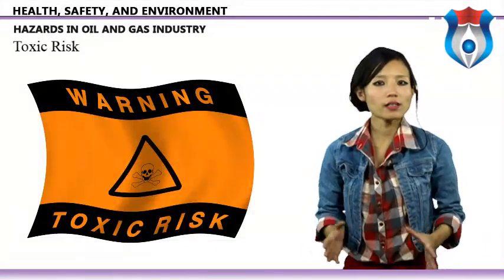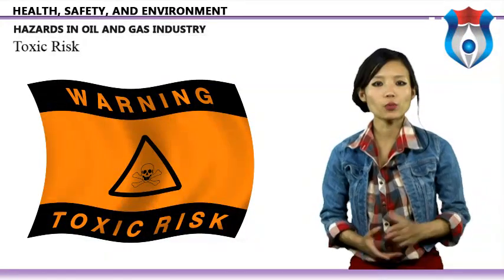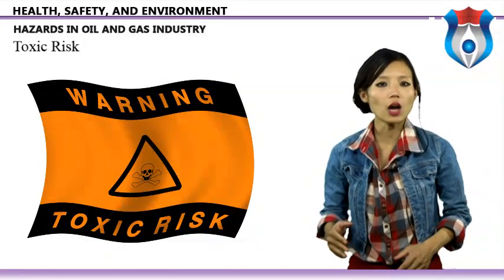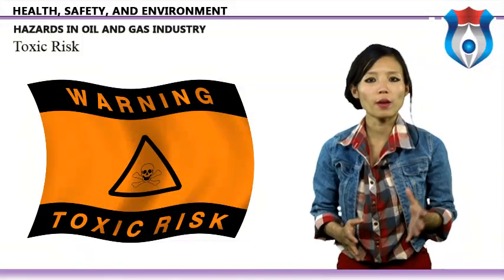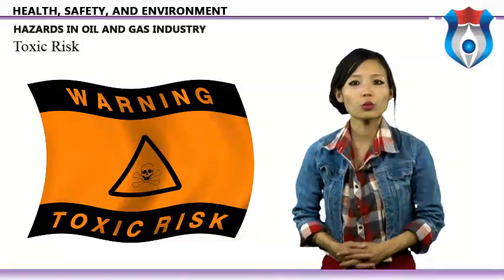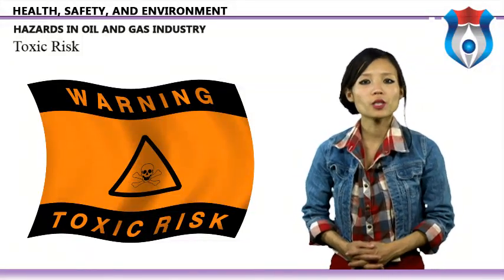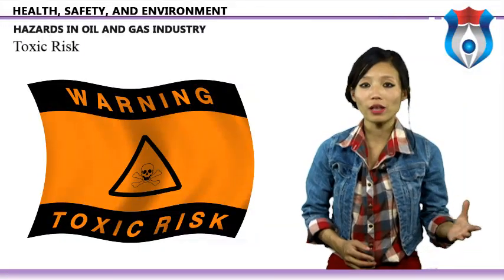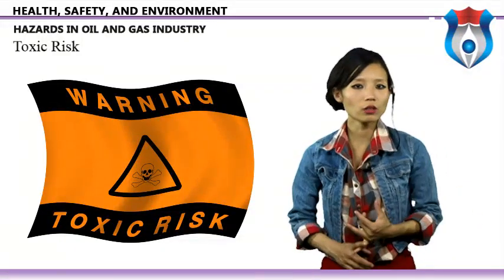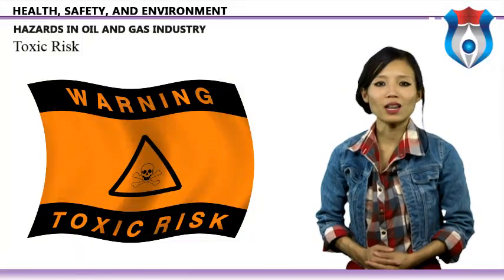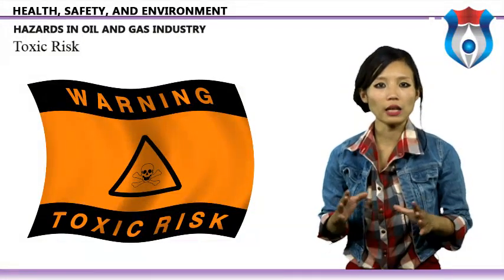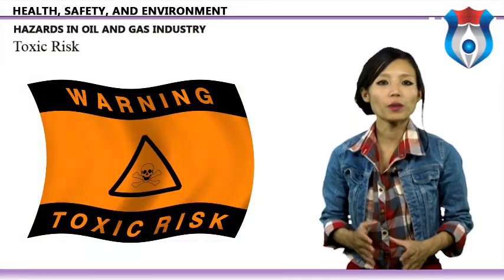Toxic risk. Gases and vapors released from oil and gas production and processing activities can, under many circumstances, have harmful effects to workers exposed to them by inhalation, being absorbed through the skin or swallowed. A person exposed to harmful substances may develop illnesses, for example cancer, many years after the first exposure. Many toxic substances are dangerous to health in concentrations as little as 1 ppm.